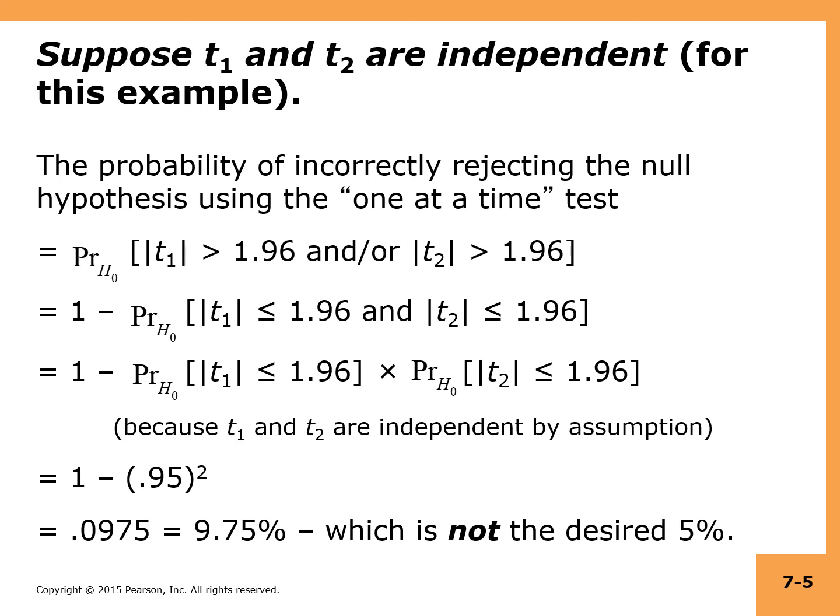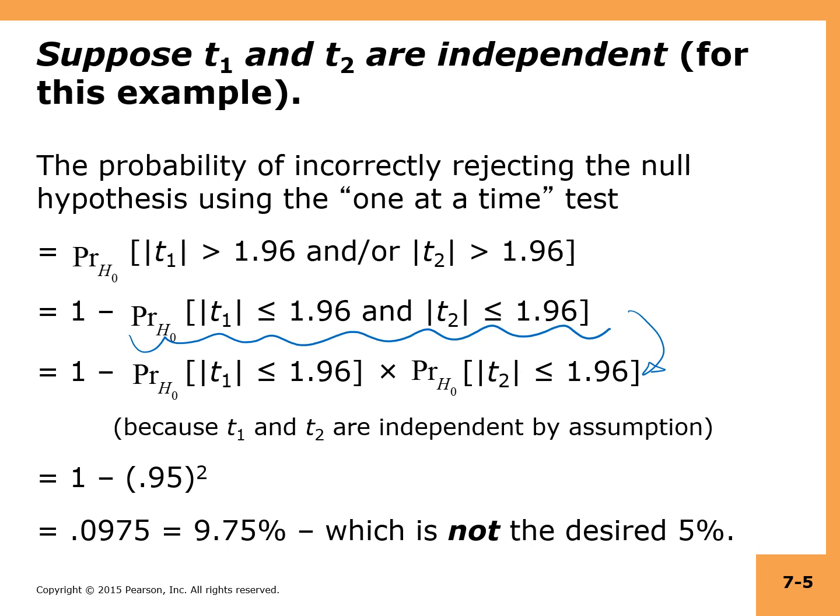The probability of rejecting the null is the probability of the test statistic of the first coefficient being greater than 1.96, or the second test statistic being greater than 1.96. This is equivalent to 1 minus the probability of both test statistics being less than 1.96, meaning 1 minus the probability of not rejecting.